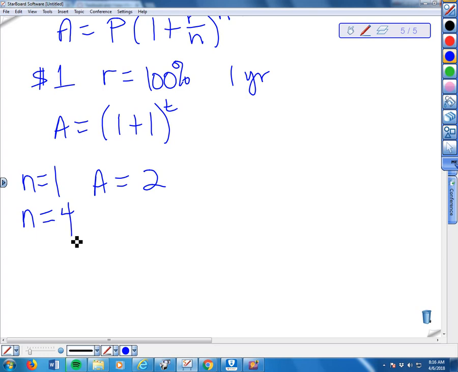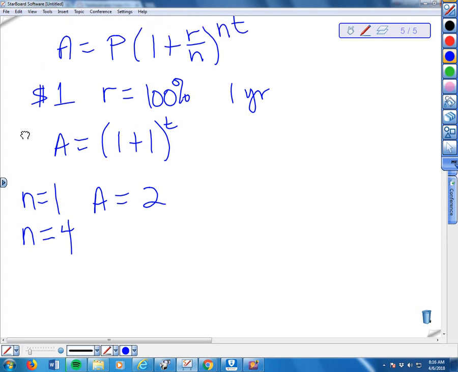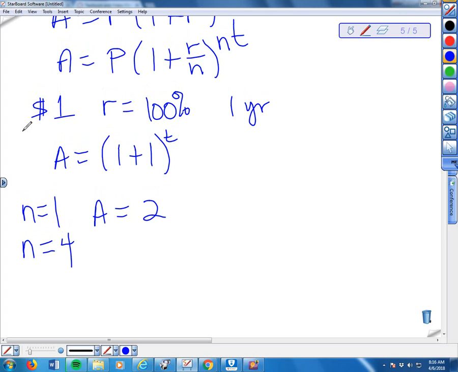4. So someone figure out how much I would have after a year if my dollars compounded monthly at 100% rate of return. I'll just grab a couple more.